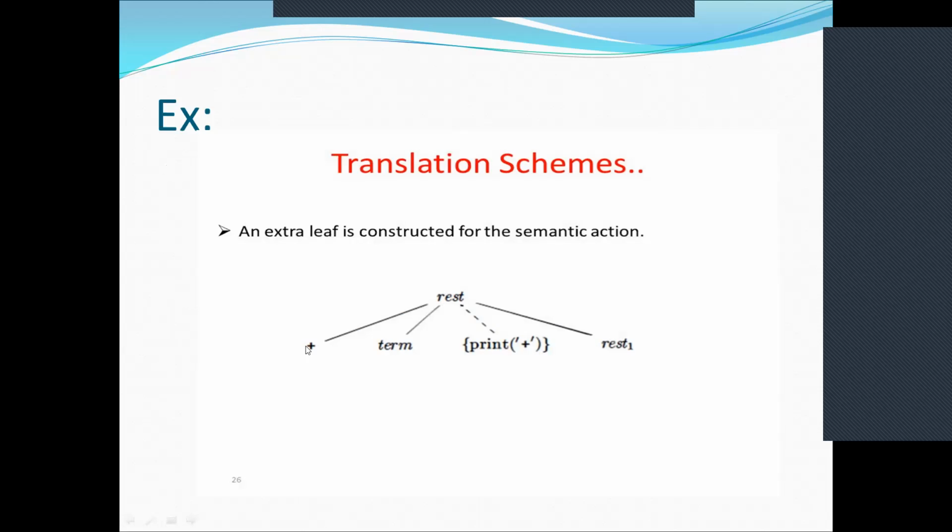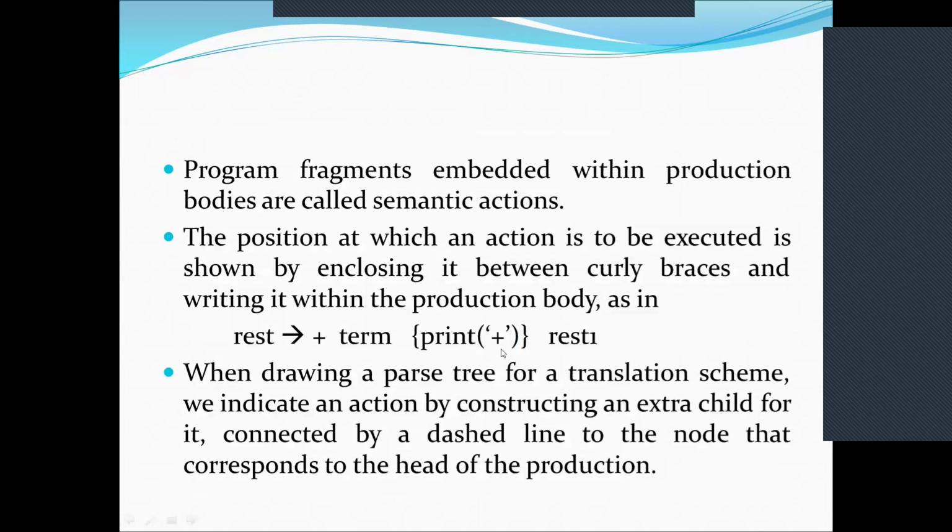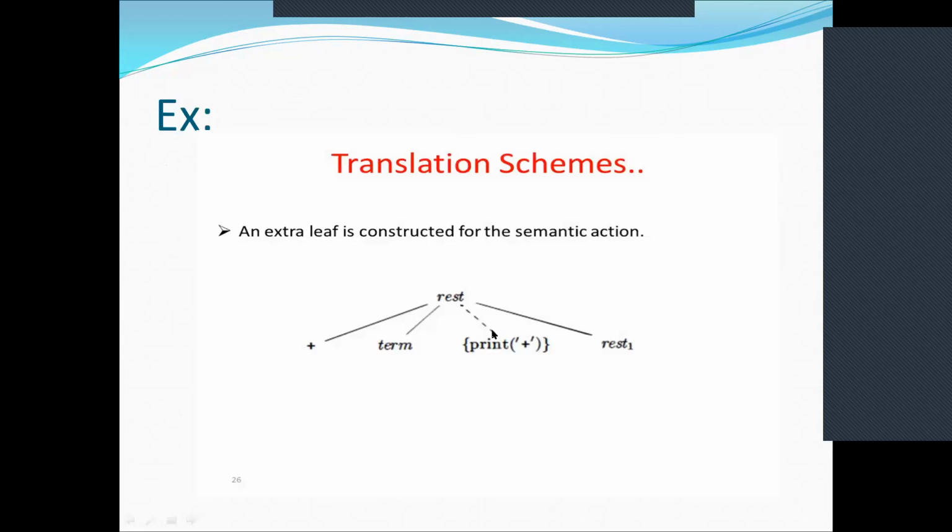The rest of the things remain the same, plus term and rest one, but this extra, where the action has to be taken, will be added in a curly bracket as a dotted line to the head of the production. This is how it is being translated by the parser.